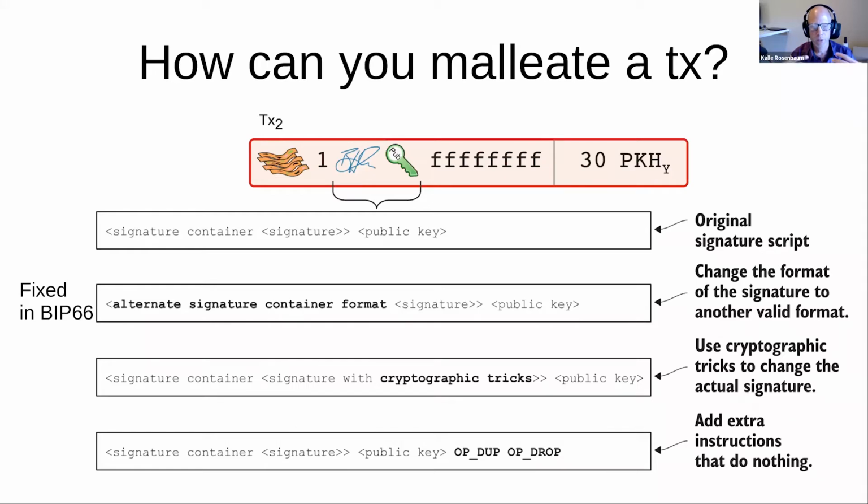So usually when you want to make a change, you first start to discuss the change with people, maybe on the Bitcoin Dev mailing list or something like that. And then you start formalizing your idea into something called a BIP.